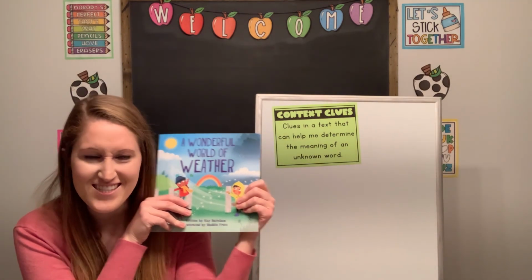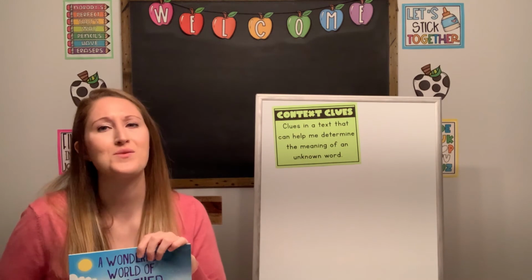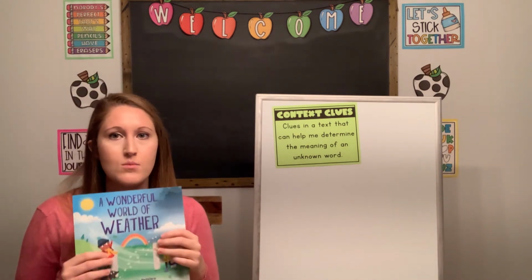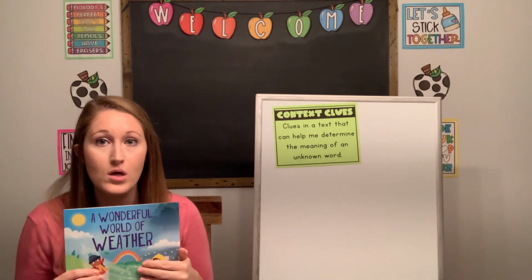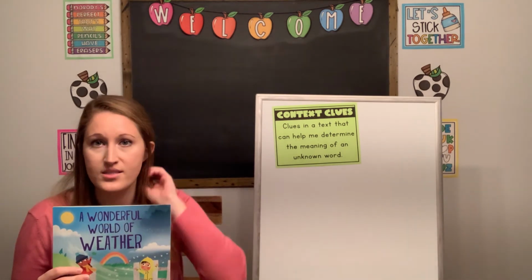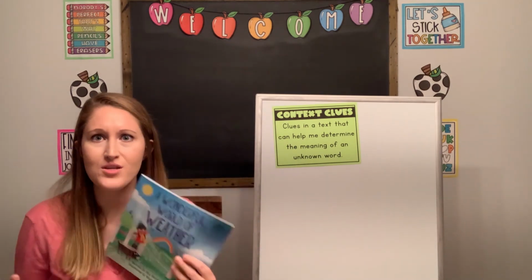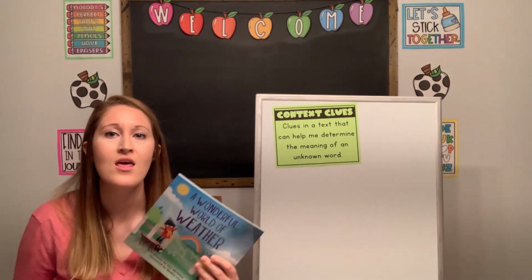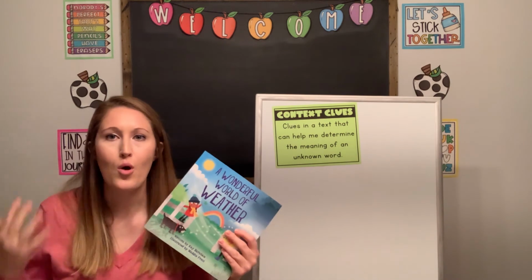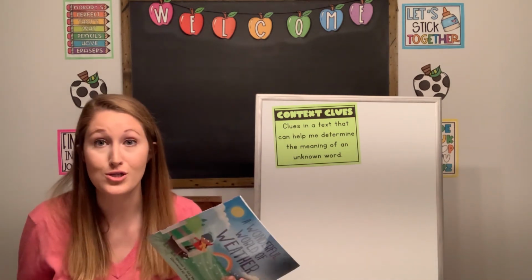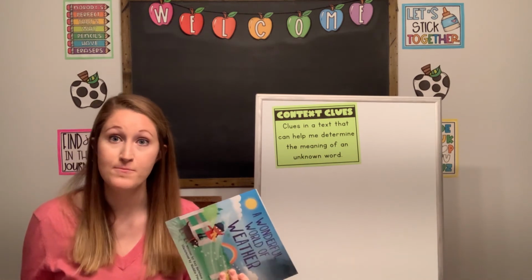Very good, guys. I noticed that as we were reading this book, you guys were doing a really great job figuring out some of those new vocabulary words, right? And using the context clues to figure out what they are, while also using a little bit of your schema. Now, schema is all that information that you already have in your brain, that you've already collected from either things that you've learned or experiences you've had.